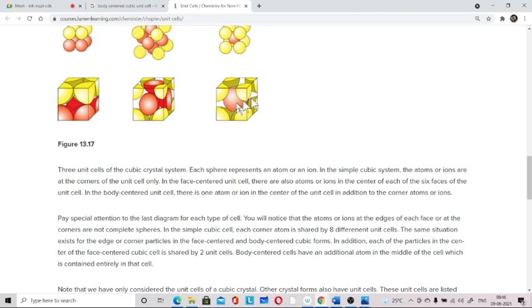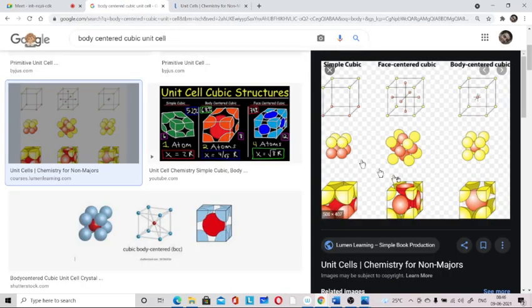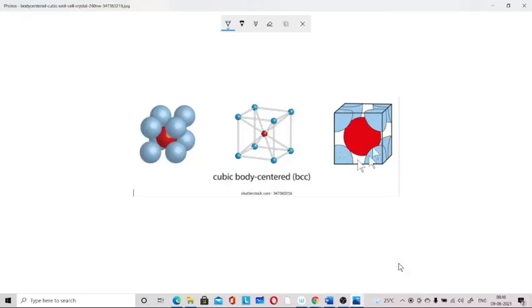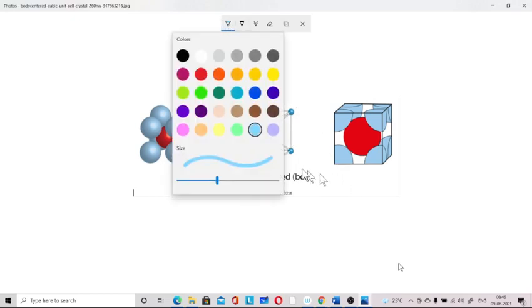Got it? Corner spheres are not touching each other. That you have to see in this image. Now what happens here? We can't write here.